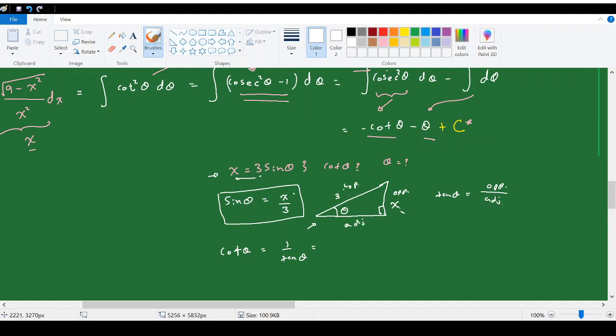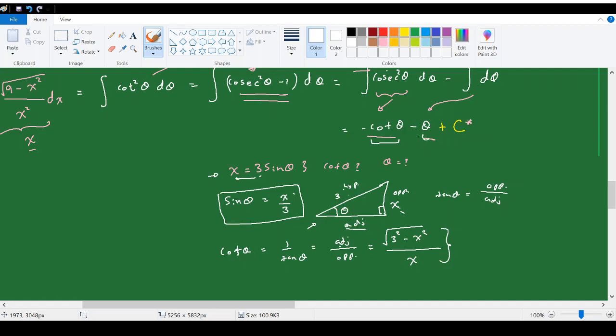So that means the reciprocal of tan theta, that is cot theta, will be equal to the adjacent side divided by the opposite side. And so for that we need to find the adjacent side, which can be easily calculated by the Pythagorean identity, right? So this is the adjacent side and the opposite side will be equal to x. That means cot theta will be equal to this term, right?